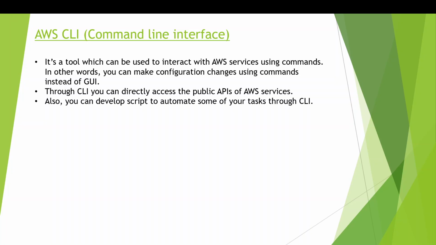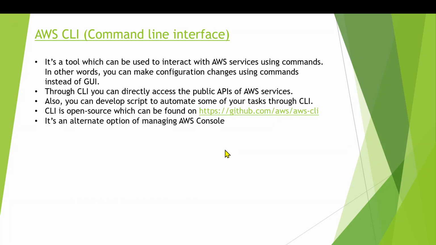These are some of the use cases. This CLI is open source and can be found on GitHub. This is the URL. You can visit this URL and get some more details. It's just an alternate option for managing AWS instead of the GUI.